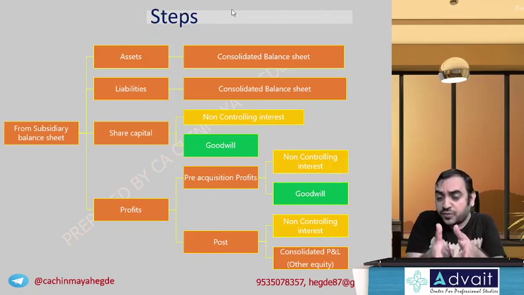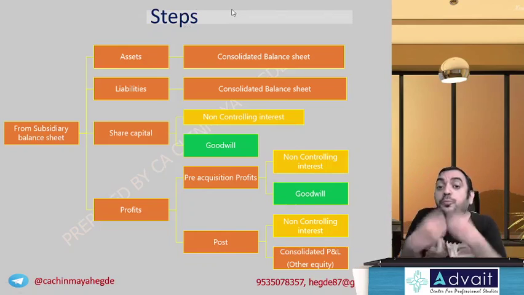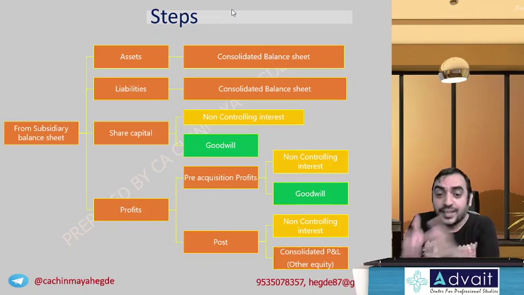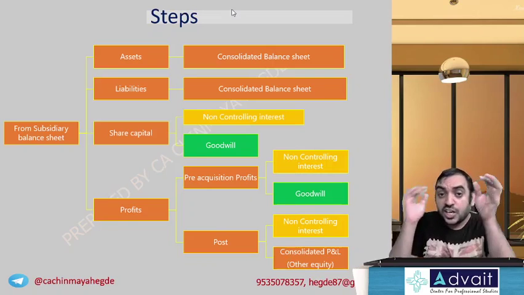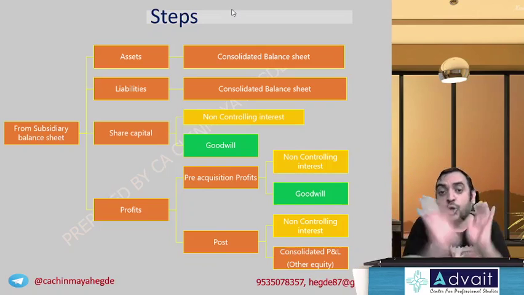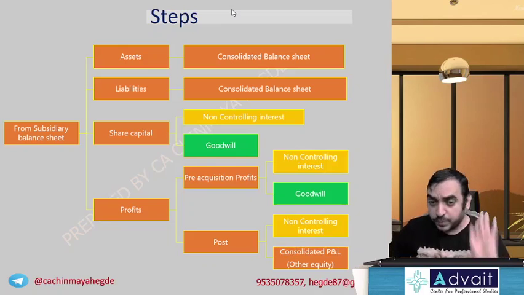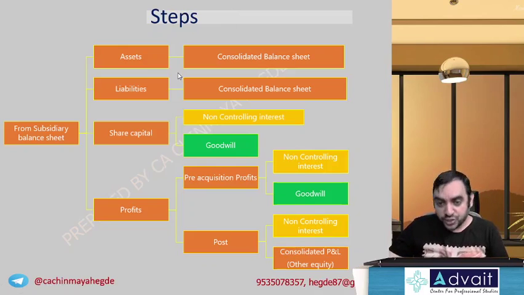So this chart, what you have written, is for your mindset, how to think, how to present. I'll give you one more format. This is for your flow of thoughts, how the dots are connected, where which item will go where. Overall flow analysis. And for presentation purpose, I'll give a tabular format. First, you write down this.